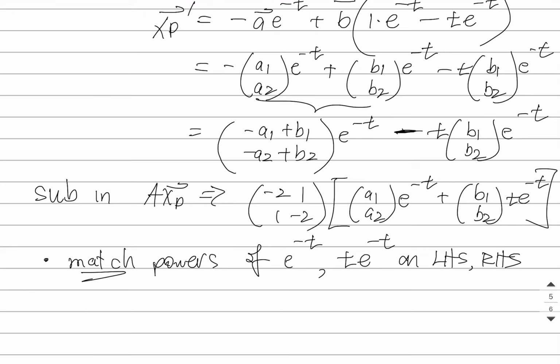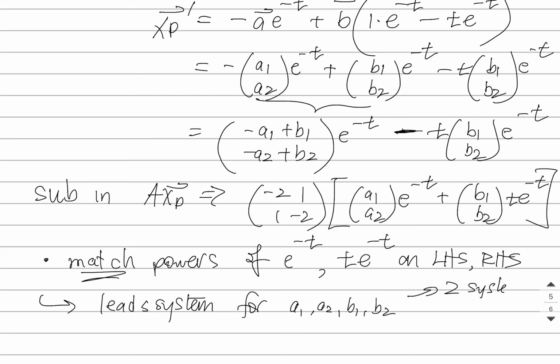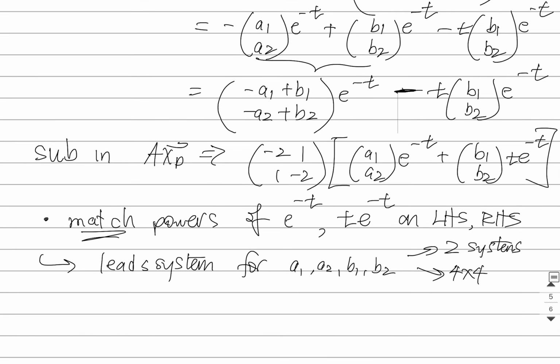This is going to lead you to a system for A1, A2, B1, B2. You can either do it as two systems or one giant 4x4 system.